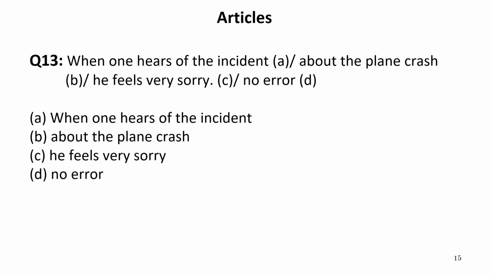When one hears of the incident about the plane crash, he feels very sorry. Now, in this sentence, it is written "when one hears of the incident". Whenever we have a noun, if it is preceded by an adjective or an adverb, this structure should be preceded by an indefinite article.